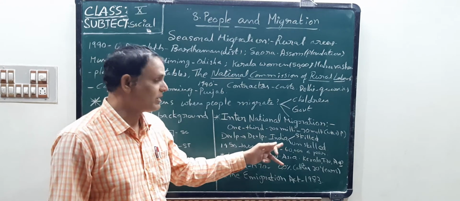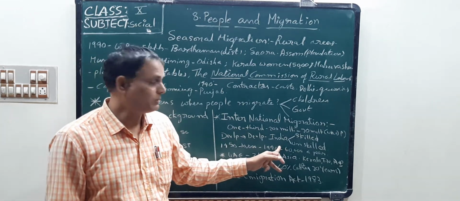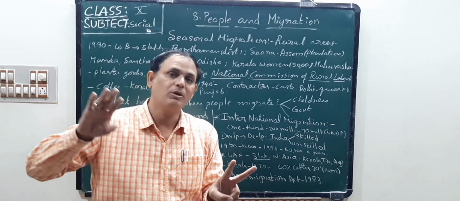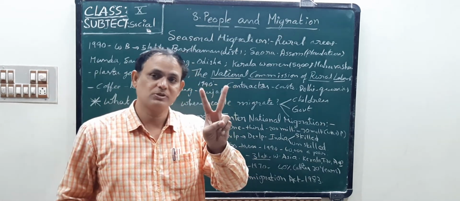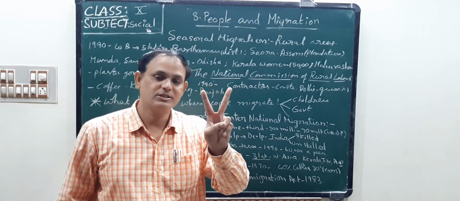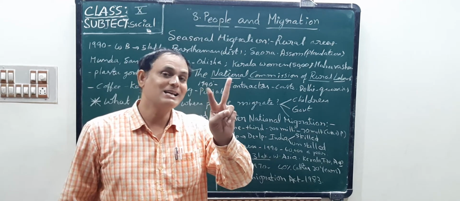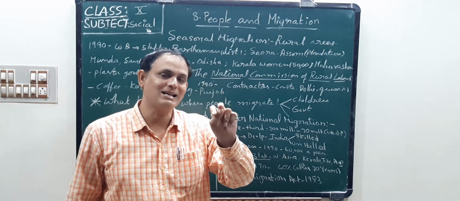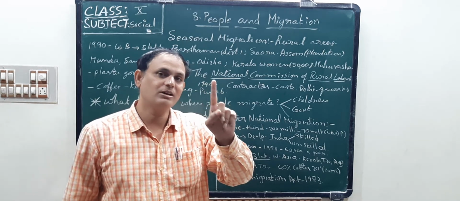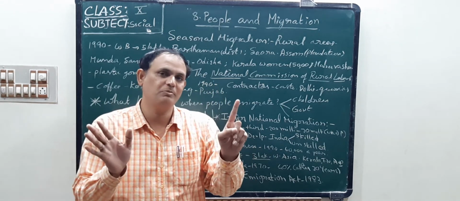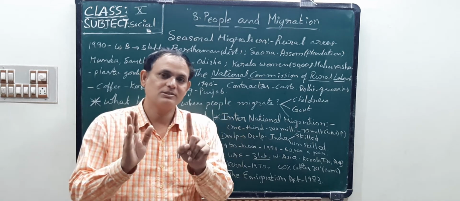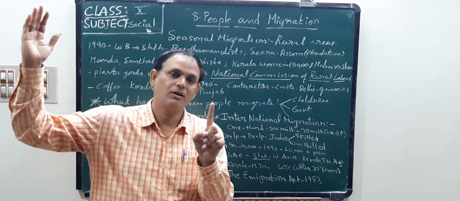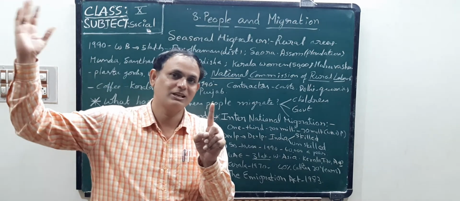So what about our India position? Who are migrating from our India? There are two types. First one is skilled labor or skilled workers. Second one is unskilled workers. Skilled workers means already educated people. For example, after MBBS, doctors go to better opportunities in other countries.